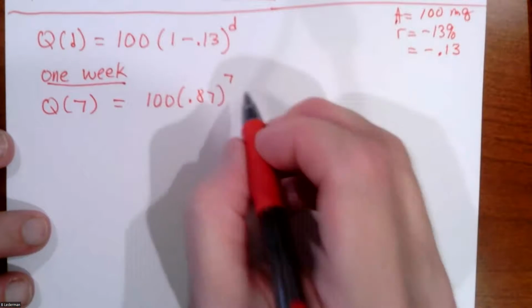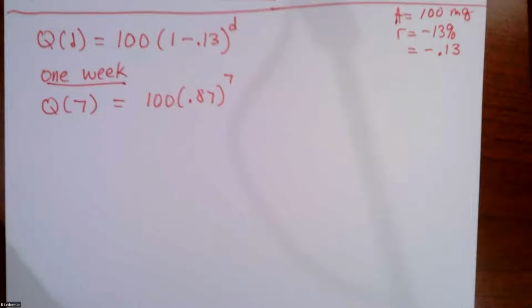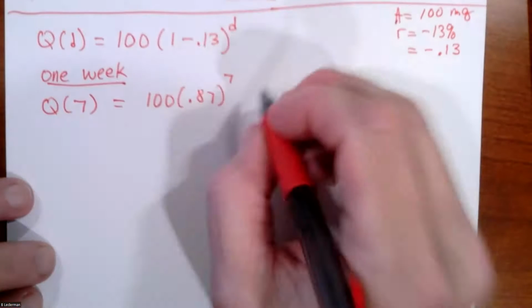And let me put that in my calculator and see what that's going to be. That's going to be approximately 0.87 raised to the seventh power, and I'm going to multiply that times 100, so it's 37.725.